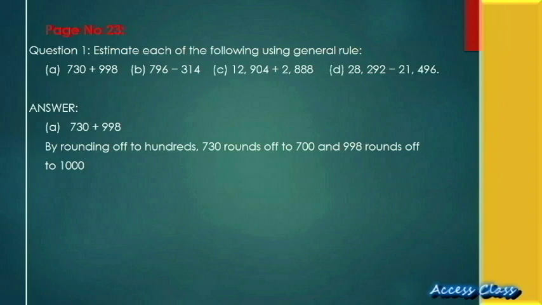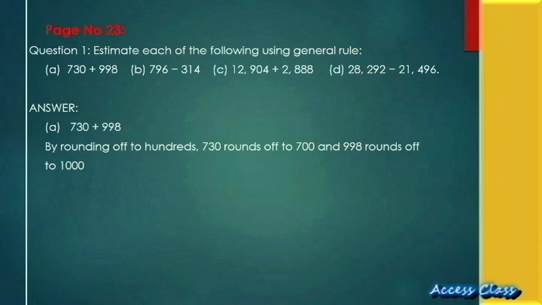According to the general rule, we round off to the highest place digit. Here the highest place in 730 is 7 and in 998 it is 9. So 730, if you round off to the nearest 100, you will get 700, and 998, if you round off, you will get 1000. Why?